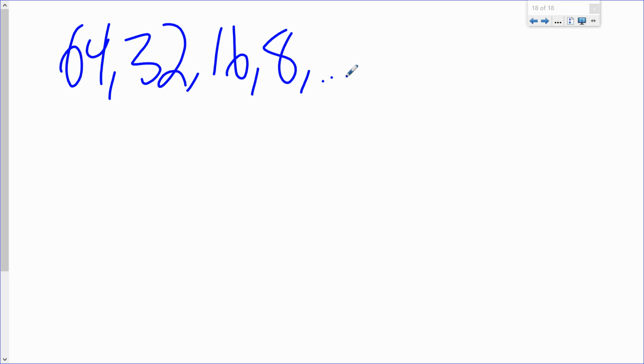So, am I adding the same amount? No. Am I multiplying by the same amount? Well, some of you are saying, we're cutting it in half. We're dividing by 2. The common ratio is not what you're dividing by, it's what you're multiplying by. So if I'm dividing by 2, that means I'm multiplying by a half.